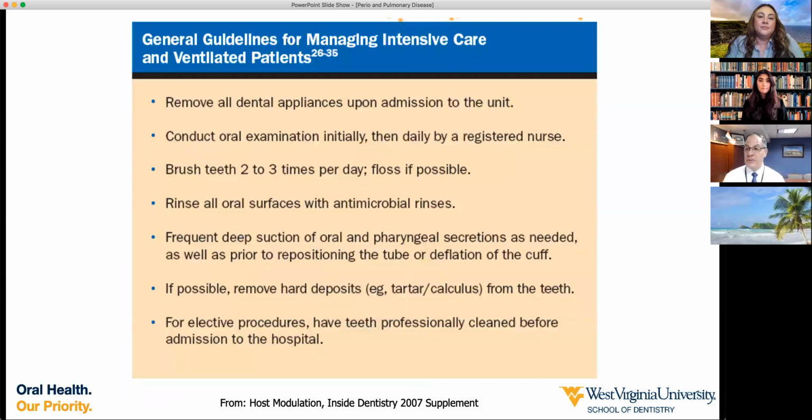So what do we do to manage this? Well, especially if someone is coming into a hospital situation where they're going to be admitted and they may be intubated, especially in an ICU situation.